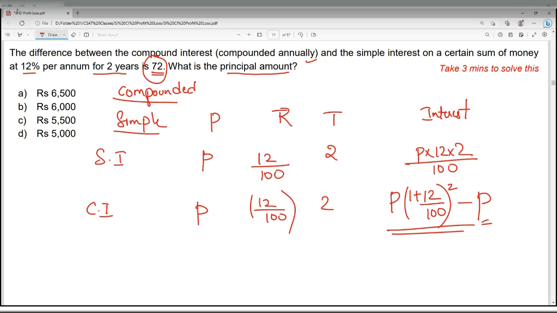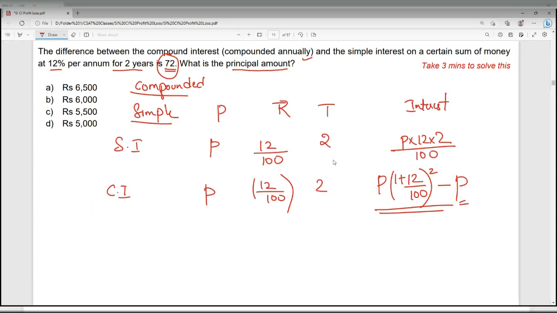Now they are saying the difference between these two is 72. So we have P into (1 plus 12 by 100) whole squared minus P minus 24 P by 100 is equal to 72.